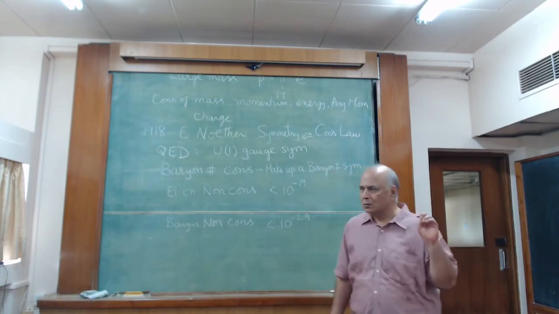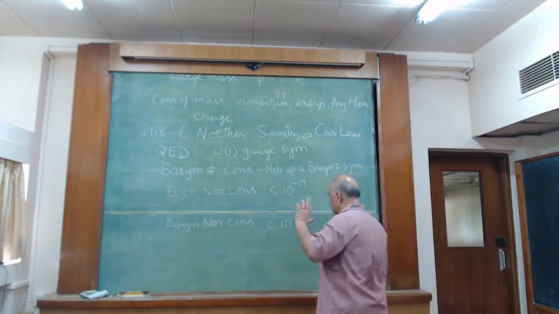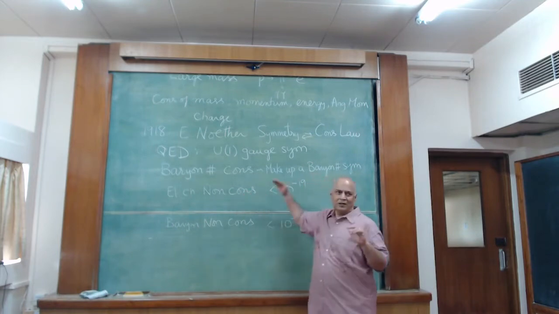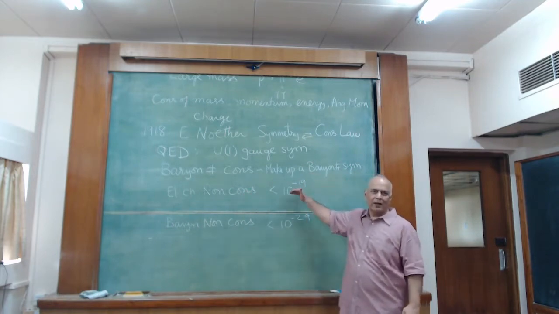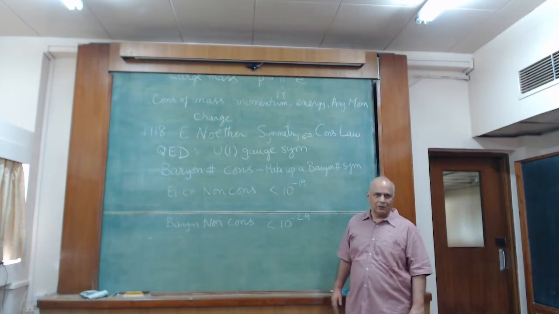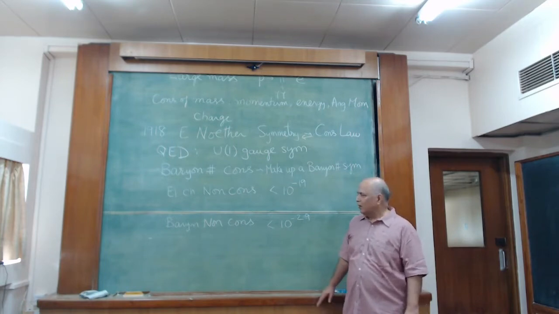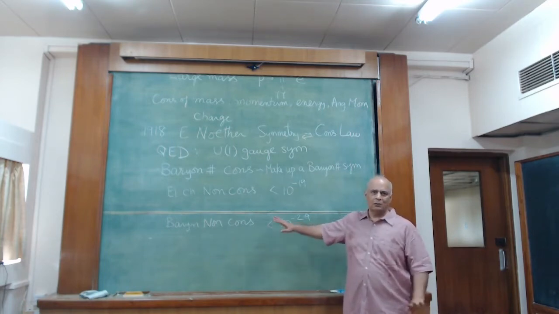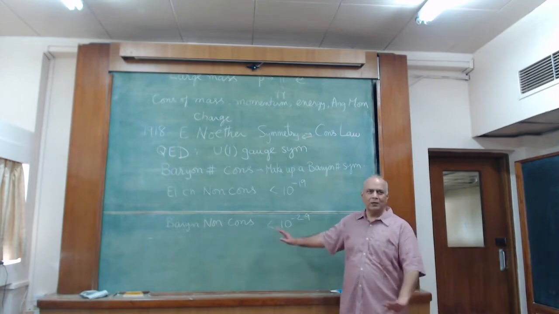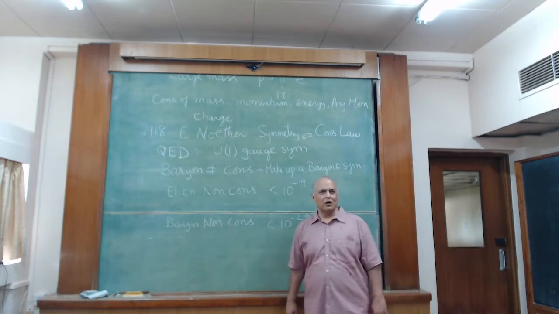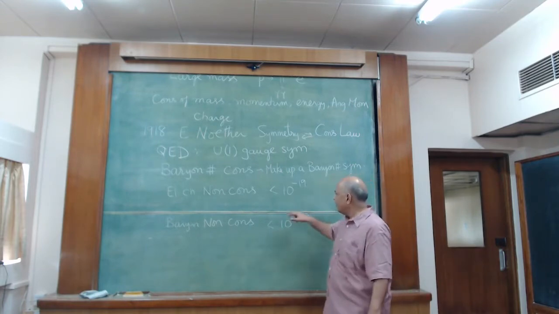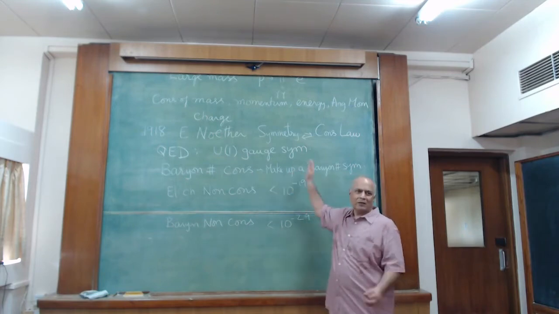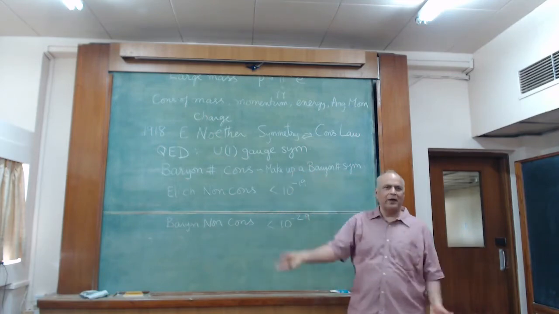So, nobody seriously thinks that electric charge is not conserved. But on the other hand, people are quite happy to think that baryon number is not conserved, because the symmetry behind baryon number conservation is an arbitrarily made up symmetry.